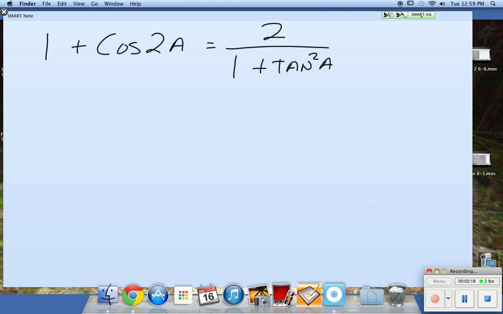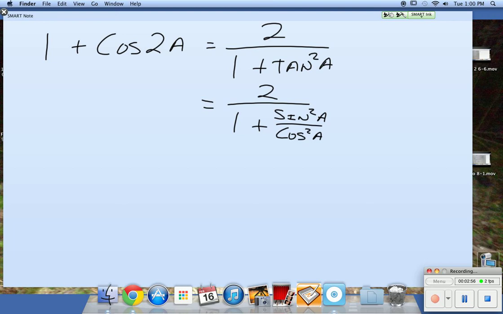With a 1 plus tangent squared, I can make this 2 over 1 plus sine squared a over cosine squared of a. And actually, I can make that easier yet. I didn't realize this till I was just looking up there. Under the Pythagorean identities, what does tangent squared plus 1 equal?